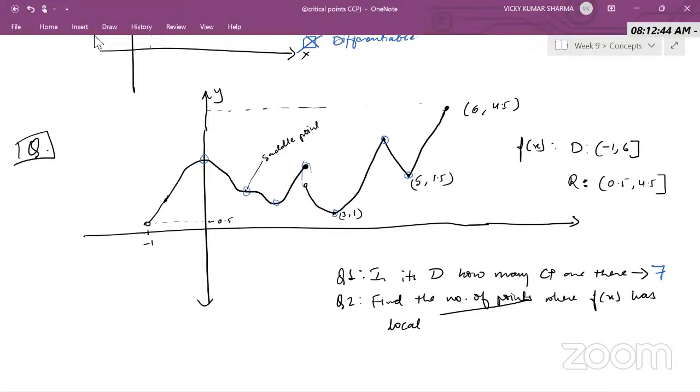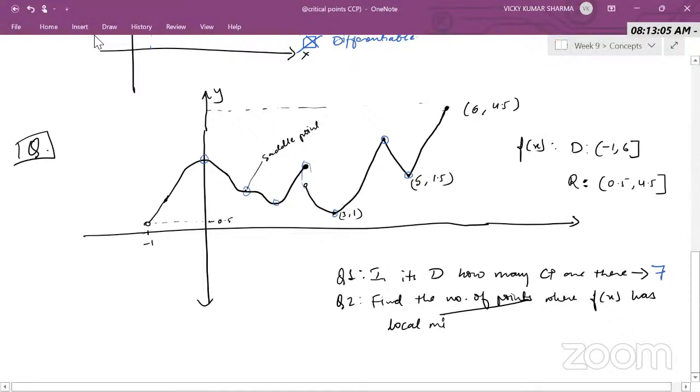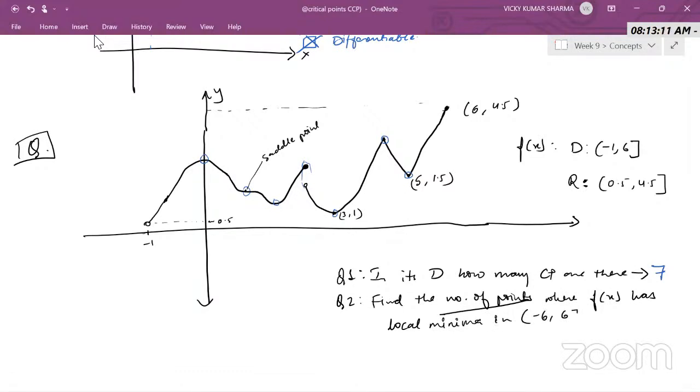This part and this corner thing were there, so I tried to mimic that kind of question so that we can discuss all the things. That is why this question will be helpful to understand all that.